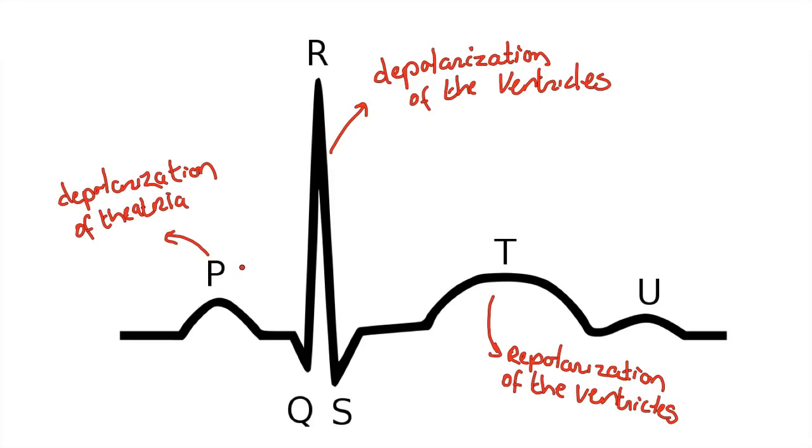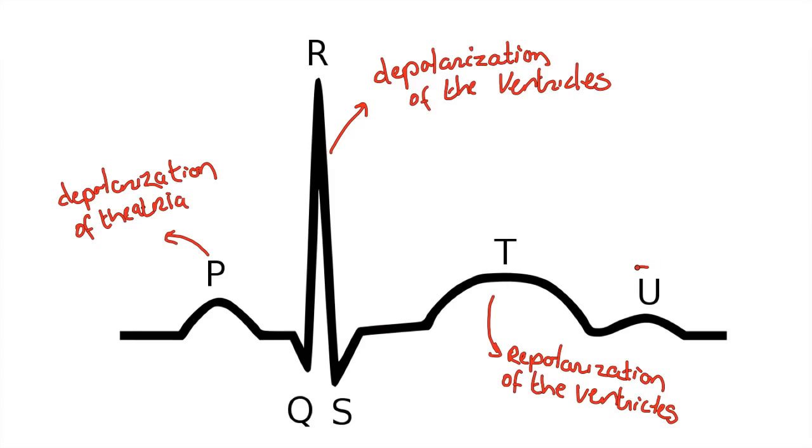But if you look at the heart, you'll see that the atria is significantly smaller than the ventricles. So when the cells in the ventricles depolarize, that's going to have a much greater effect on the EKG or the ECG because you have more cells depolarizing, so you get a stronger signal. And then, of course, you get the repolarization.